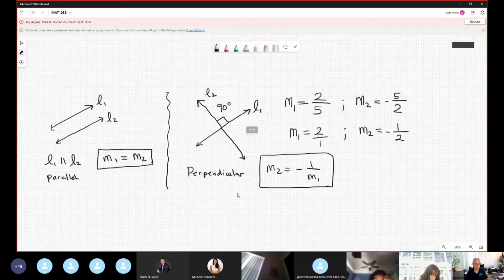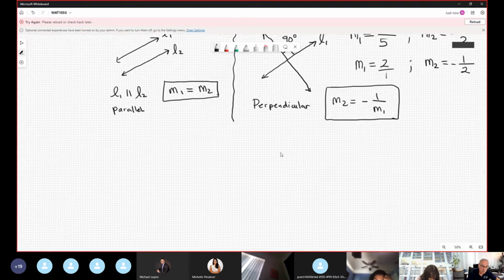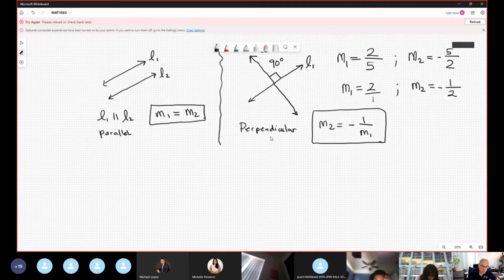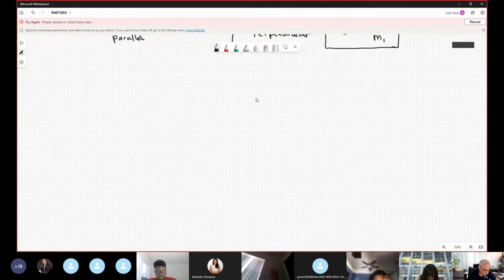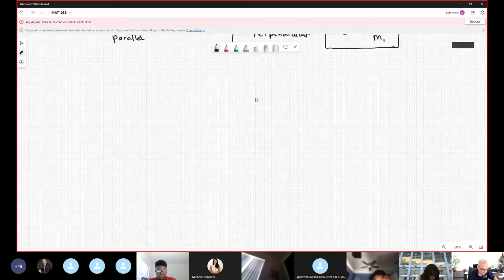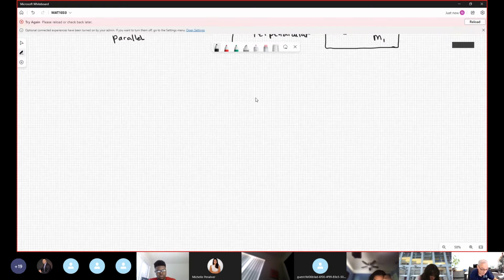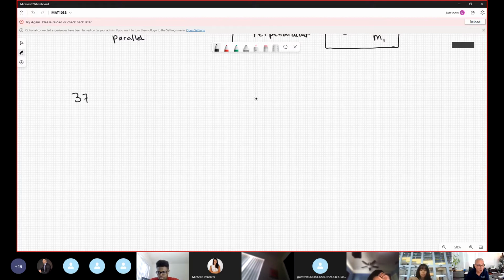Yes. Now, the problem we are doing now involves this concept. Write the equation of the line passing through the given point and parallel to the given line. So the information that we have now is different. We have a point given, (1, -5), and another line is also given.